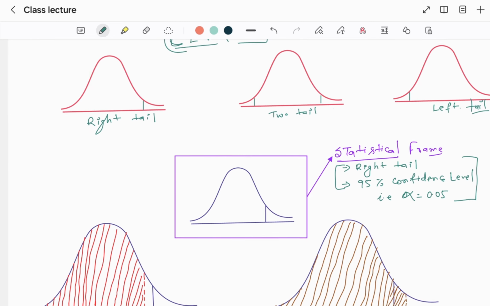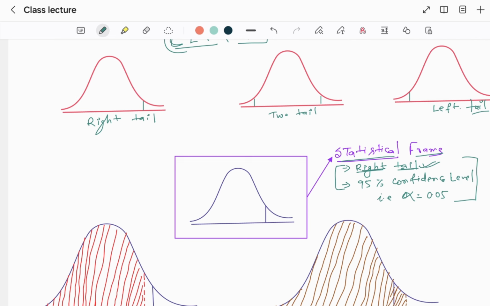There is one statistical framework we need to decide before analyzing our data. We need to decide, based on our hypothesis, whether it is a right tail, left tail or two tail test. That will be decided based on our hypothesis. We are not going further into what the hypothesis is.